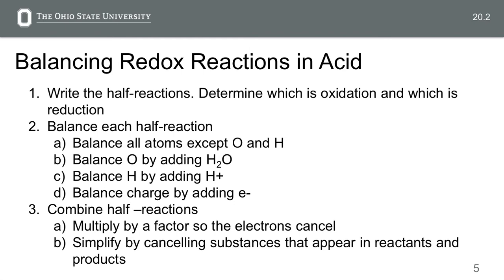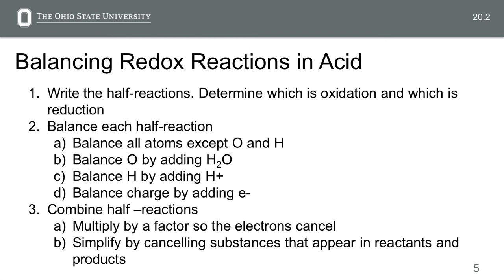The way of balancing this way also means you don't necessarily have to calculate the oxidation number of every element, which saves a little bit of work. Another place of making mistakes, as you saw, just working through my algebra here.